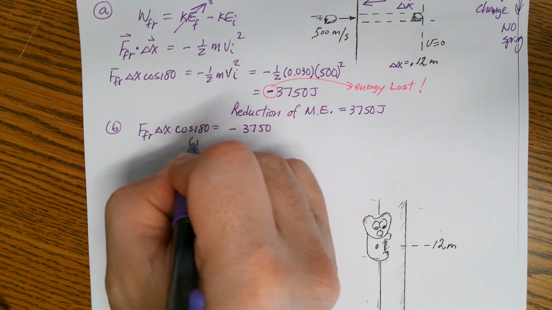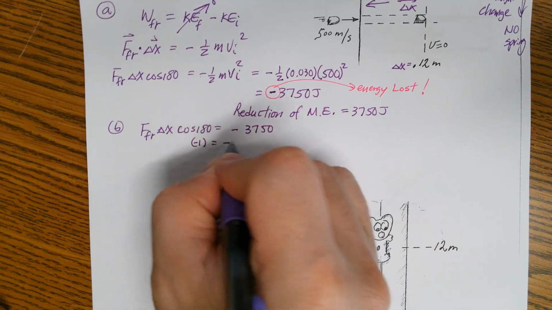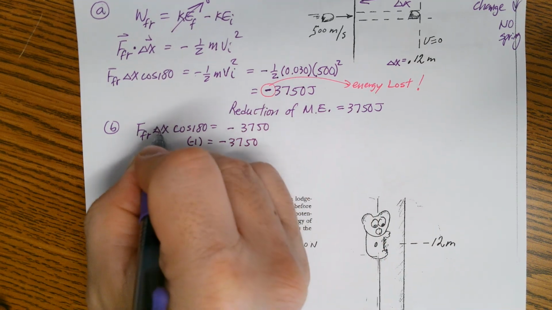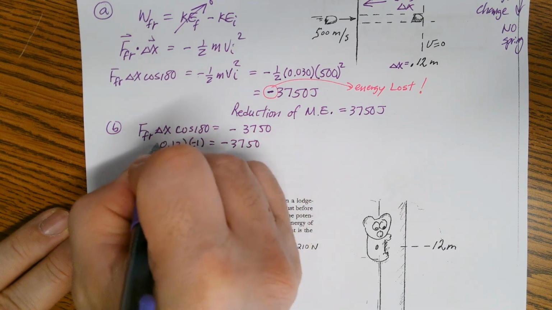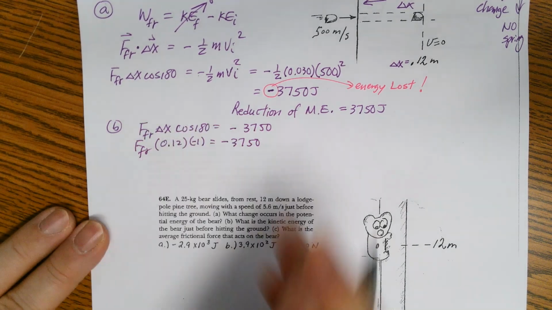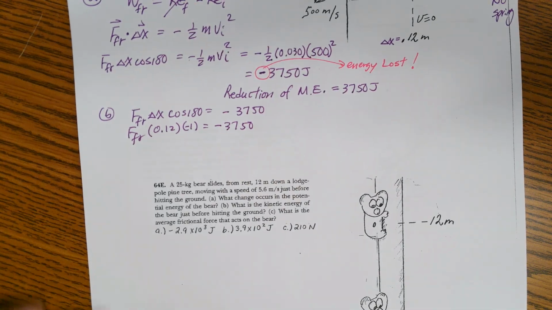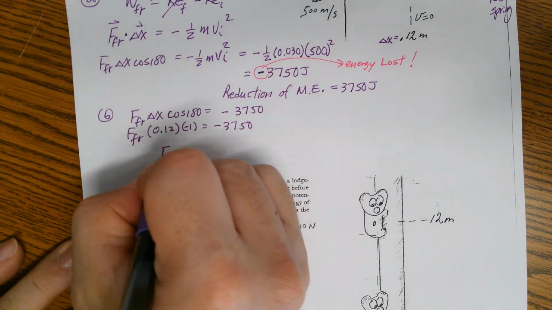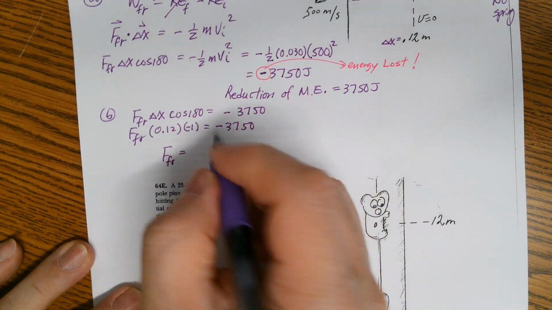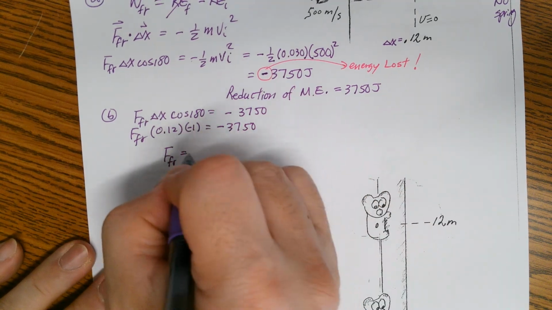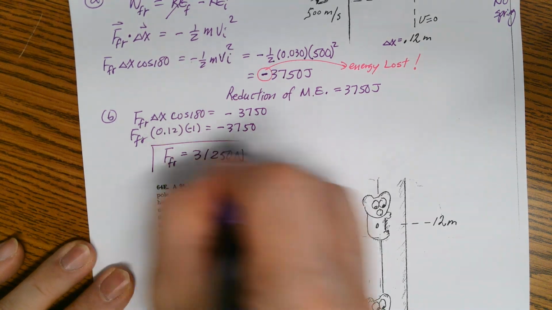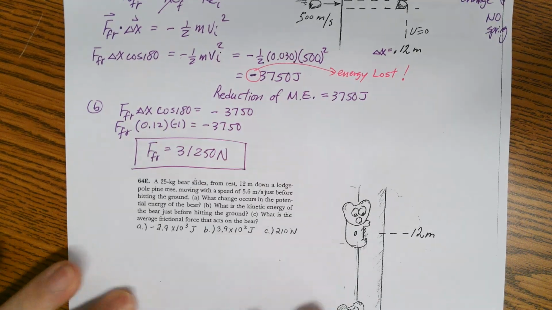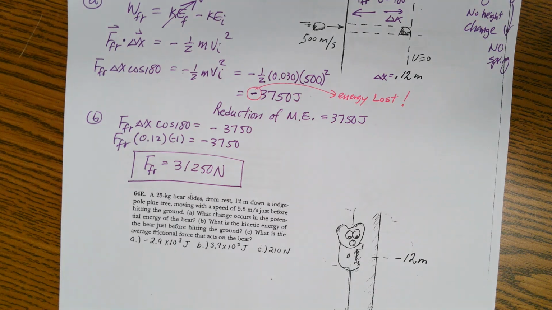Cosine of 180 is negative 1, delta x is 0.12, and we're solving for friction. If you calculate for friction, you're going to get positive 31,250 newtons.